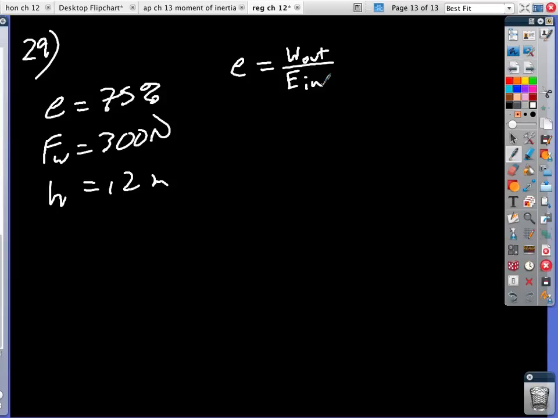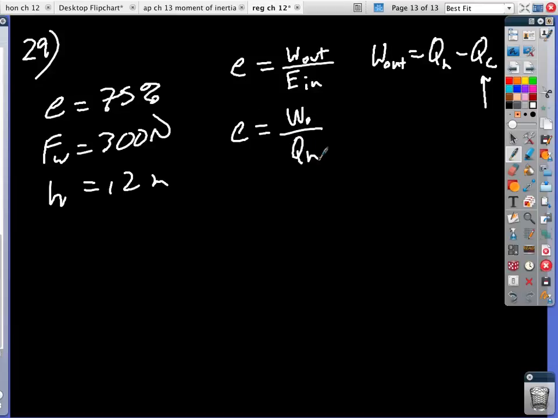We have to use the fact that work out equals QH minus QC, because QC is going to be the big deal. Because remember, when we say energy in, that's like QH. We could solve this one for QH.